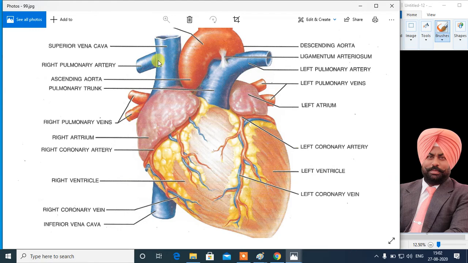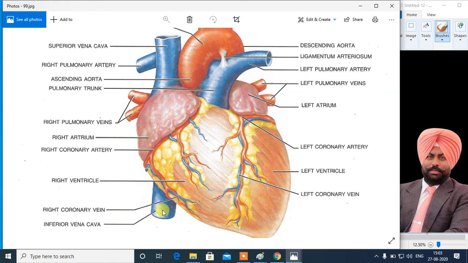This vessel is the superior vena cava, and it carries the blood from the upper region of the body, including head, chest and arms. And this blood vessel is called posterior vena cava. You can also call it inferior vena cava.